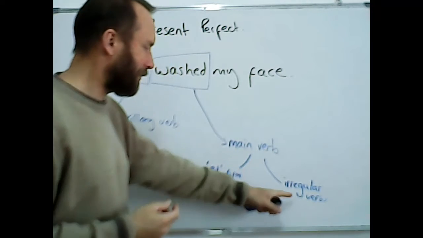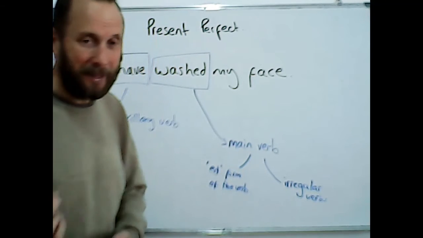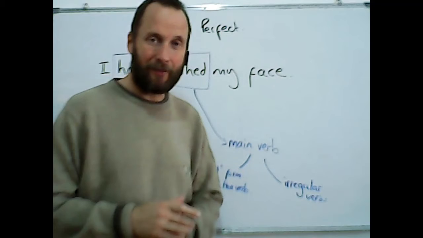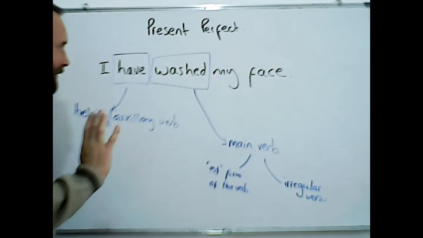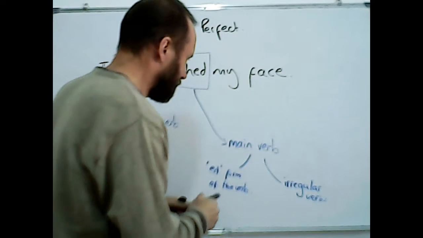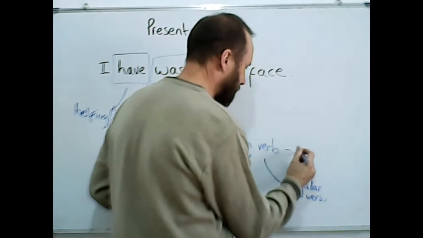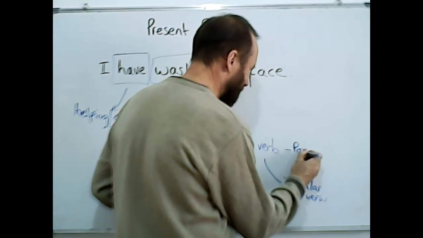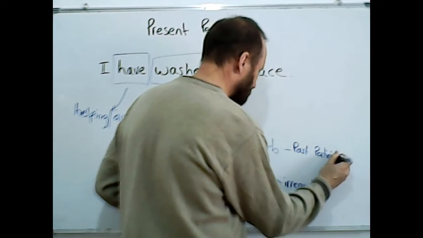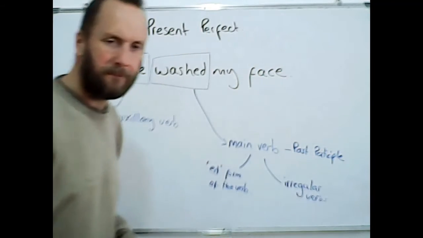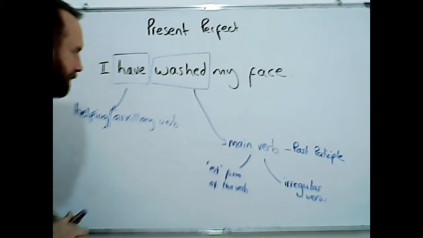It's the third form of the verb, the irregular verb. It's not the past simple, it's the third form. Okay? So, that's it really. In this form, the main verb is called the past participle. Okay? Called the past participle.